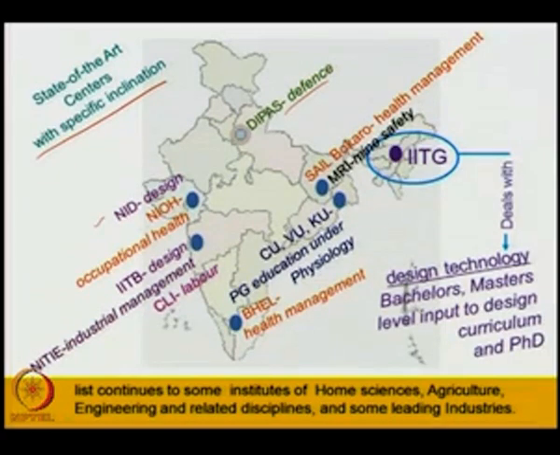The National Institute of Occupational Health in Ahmedabad works on occupational health issues. At Mumbai, the Industrial Design Center of the Indian Institute of Technology Bombay looks at aspects of design. Also in Mumbai, NITIE does it with industrial management.